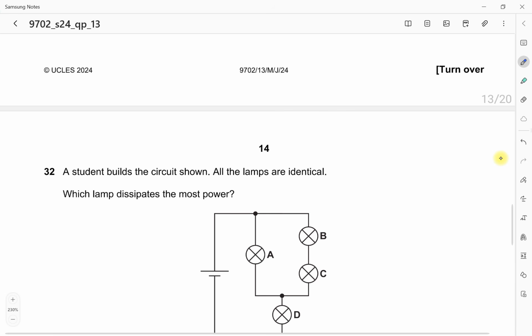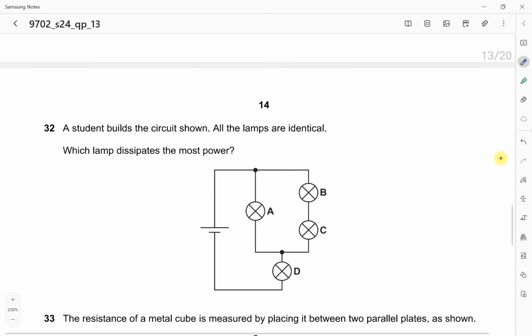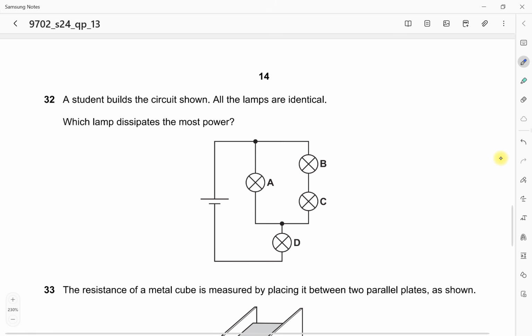A student builds the circuit shown. All the lamps are identical, so they have the same resistance. Which lamp dissipates the most power?